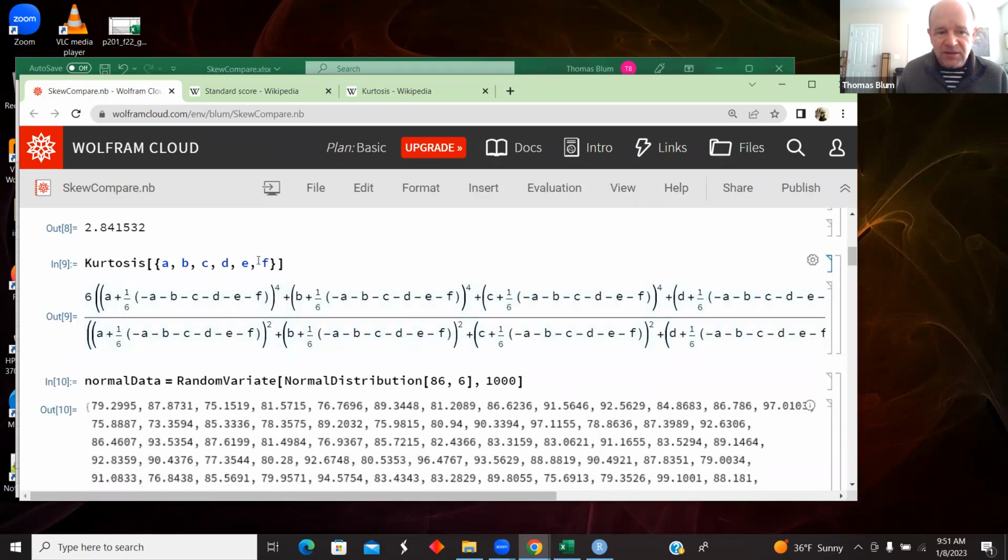Because Mathematica also works symbolically, we can also just put in a symbolic set of data. So I just said 6 points A, B, C, D, E, F, and evaluate the kurtosis. And we see here the z-score for each of the things raised to the fourth. Here is the n out here, 6. There were 6 data points.